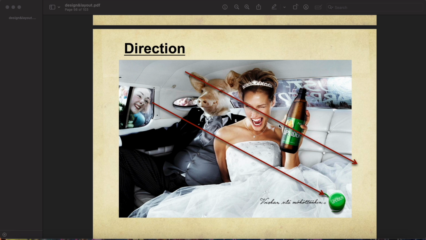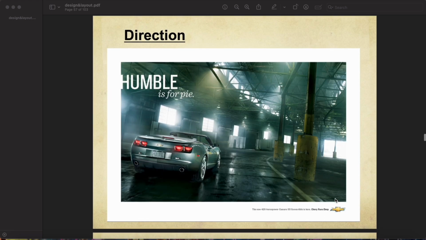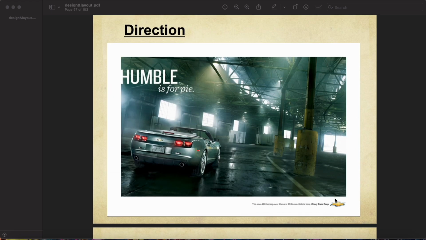In this example, we start from the upper left and we move through the image to the graphic at the lower right hand corner. This is another example of direction.